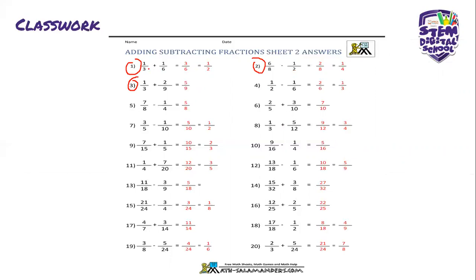So all you needed to do was multiply by 2 here, and multiply by 2 at the top. Then it's 2 plus 1, which is 3 over 6, which is a half. That's what really happened here.